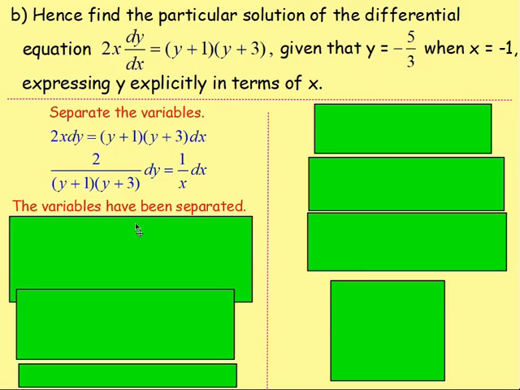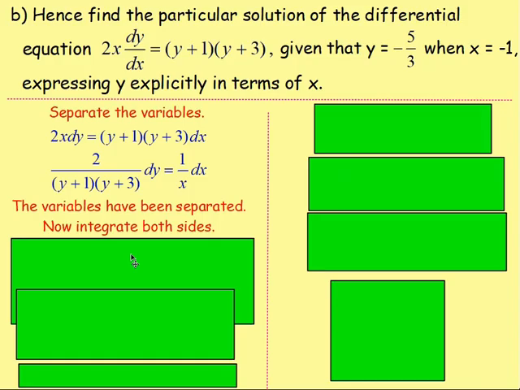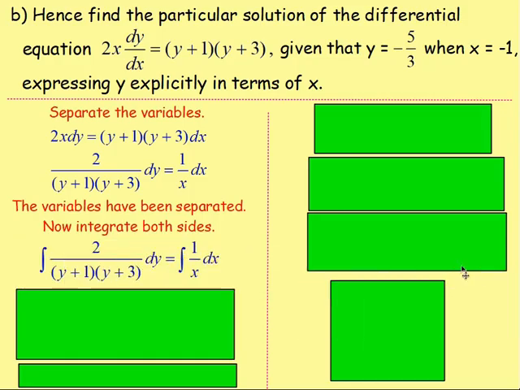So after we separate the variables, where do we go? Perfect. You integrate both sides. So we want to integrate 2 over (y + 1)(y + 3), and integrate 1 over x as well. However, what do you notice about this? Perfect. You can see here that this part is what part A was all about.